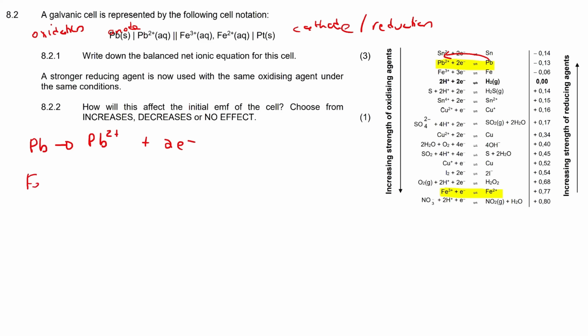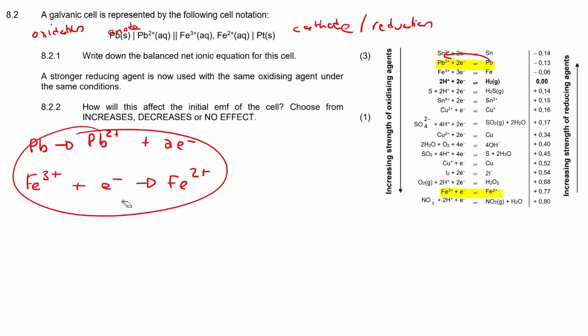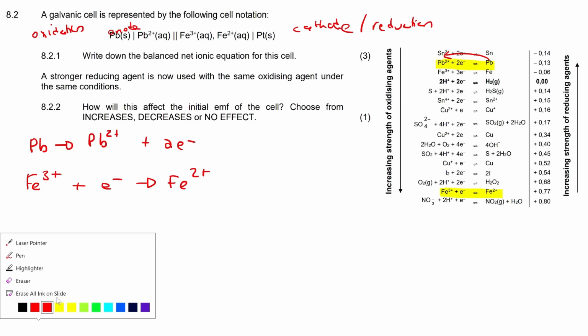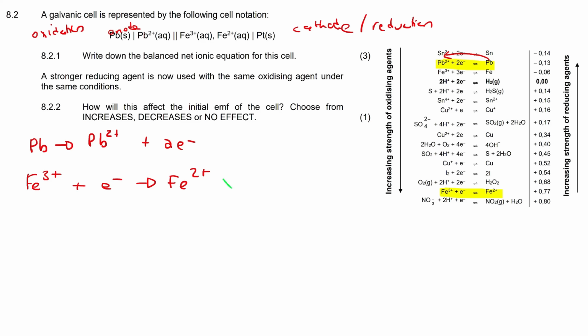So that's going to be Fe3+ plus an electron gives you Fe2+. In order to get the net equation, these electrons have to be the same so that they can cancel out, because we're going to put these together now. So we will multiply this whole reaction by 2. That means there will be a 2 there, a 2 there, and a 2 there.